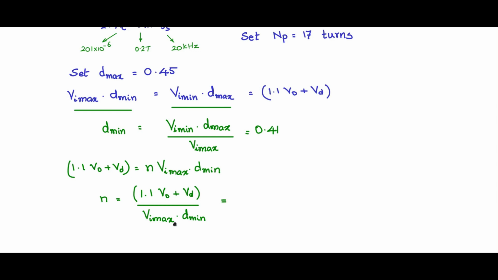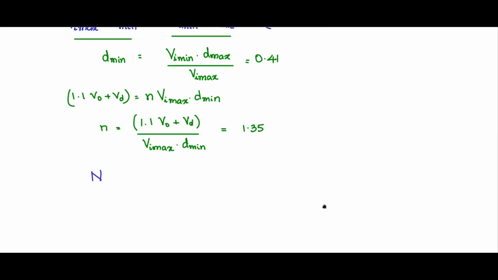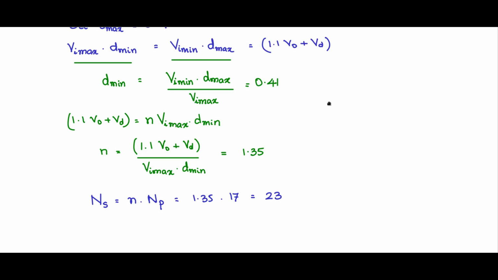You apply the values and get 1.35, and Ns is equal to N into Np, which will turn out to be 1.35 into 17, which is 23 turns. So Ns is 23 turns. If you are using a demagnetizing winding, remember demagnetizing winding will be very thin wire because it's only the magnetizing current that will flow through it. It probably will be SWG 45, but you need to use the same number of turns as Np, which is 17.